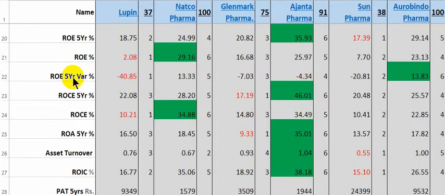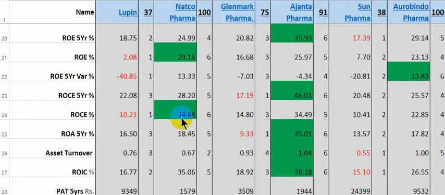Now this degrowth was of course because in the recent year the profit has fallen, so automatically the growth rate would also fall the highest. Looking at the ROCE, Ajanta has done the best at 46%, and Glenmark has done the worst at just earning 17% on the total capital employed into the business on average from the last 5 years. In the recent ROCE, Lupin has again performed the least at earning just 10% on the total capital employed, and the best was Natco Pharma earning 34%.